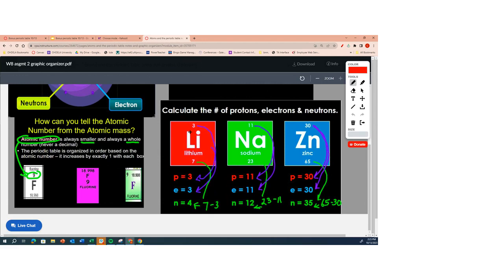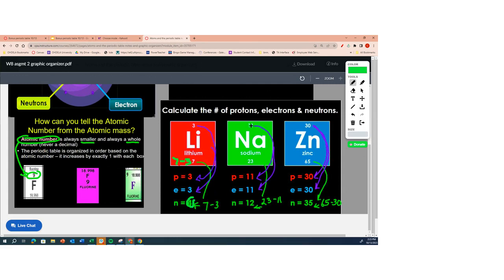The 3 on the top tells us the protons and the electrons. The number of neutrons is 7 minus the protons, and that's how we got 4.